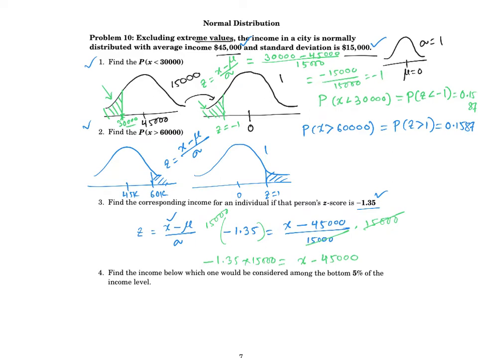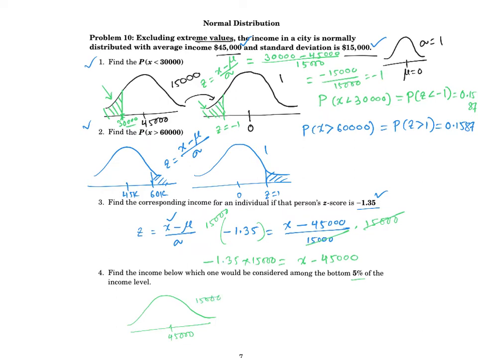Pretty straightforward. The next problem is the income below which one would be considered at the bottom 5%. So this is how it looks. Your mu is 45,000, sigma is 15,000, right?